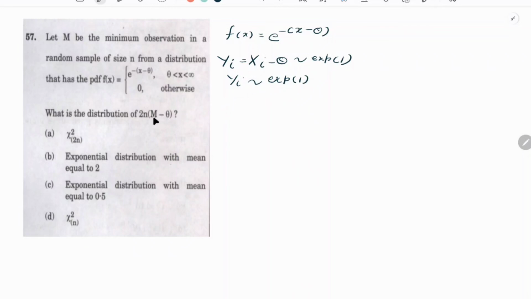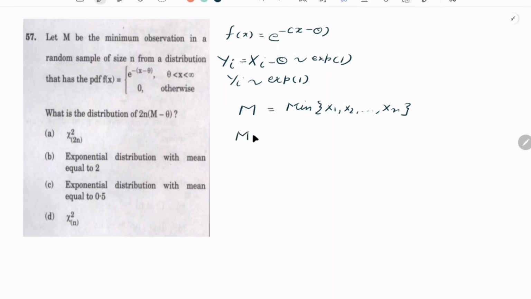Now we are given M minus theta. What is M here? M is the minimum observation. We can write that M is the minimum of x1, x2, up to xn.